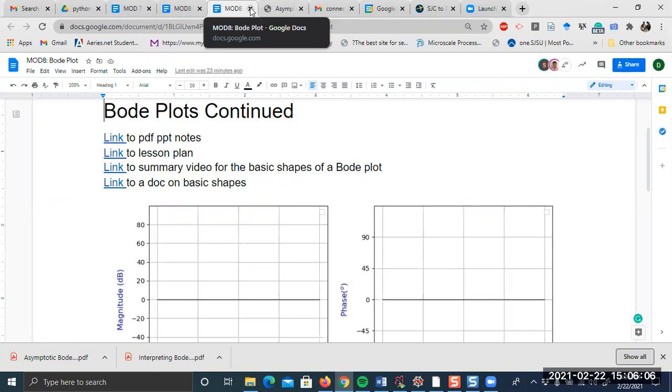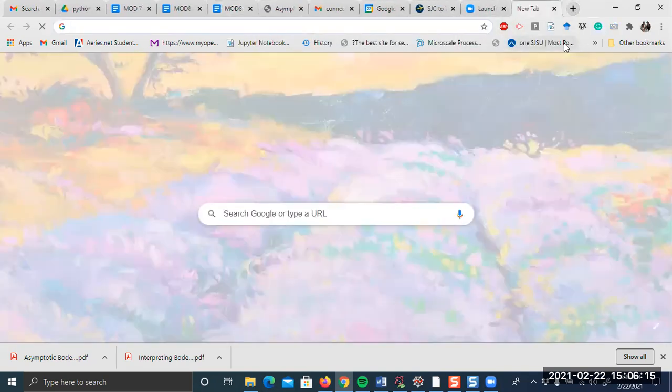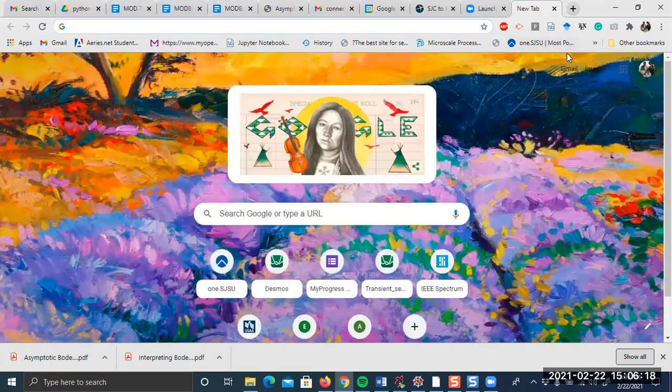So I also put it in the notes, linked in the notes in several places.